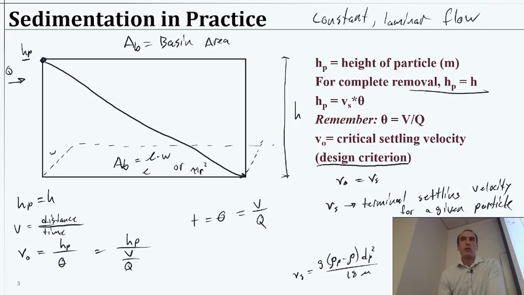So if we take the volume and put it in terms of the height and the basin area, then we'll see we can simplify a little further. So we're going to say this is going to be equal to the height the particle has to fall divided by the height of the reactor times the area of the basin. That gives us volume divided by the flow rate.